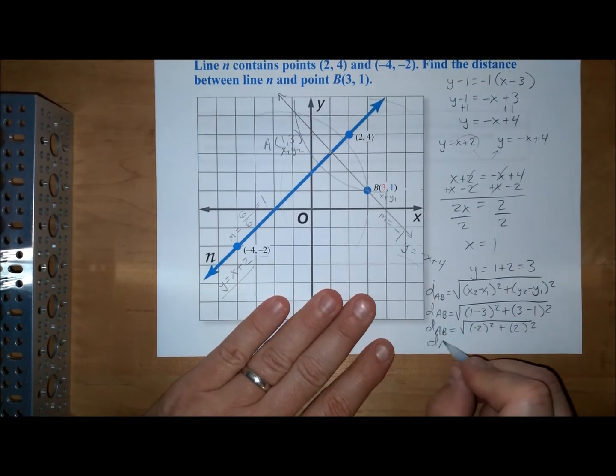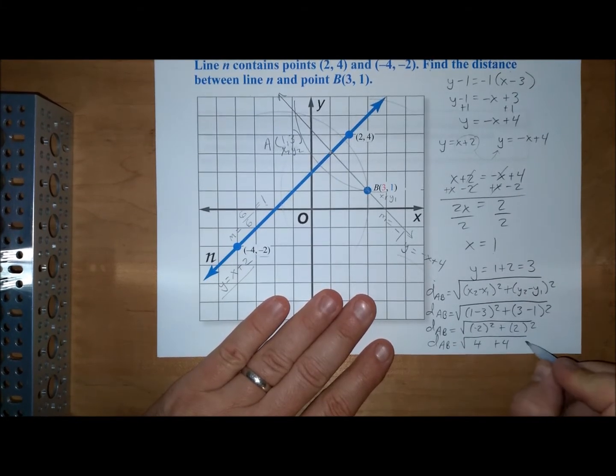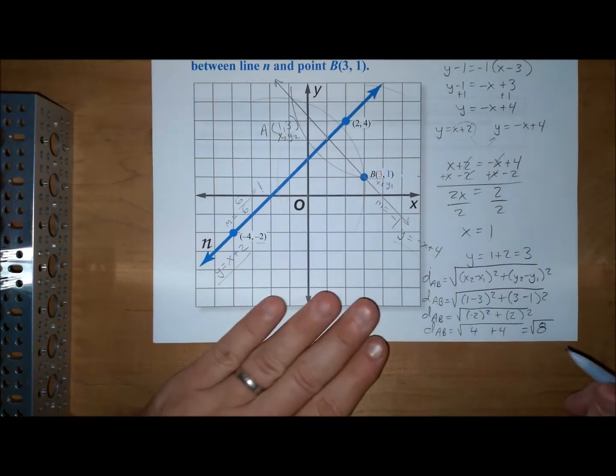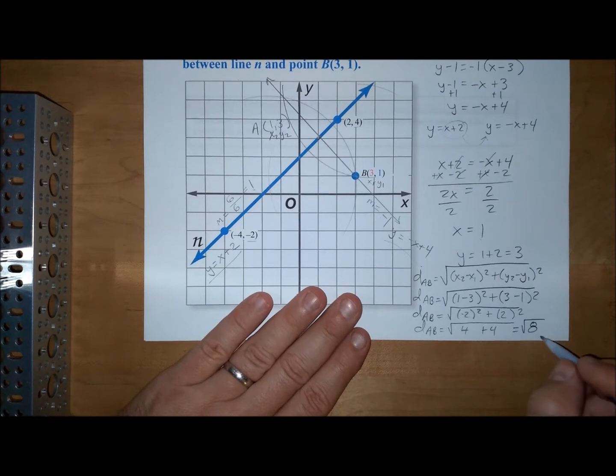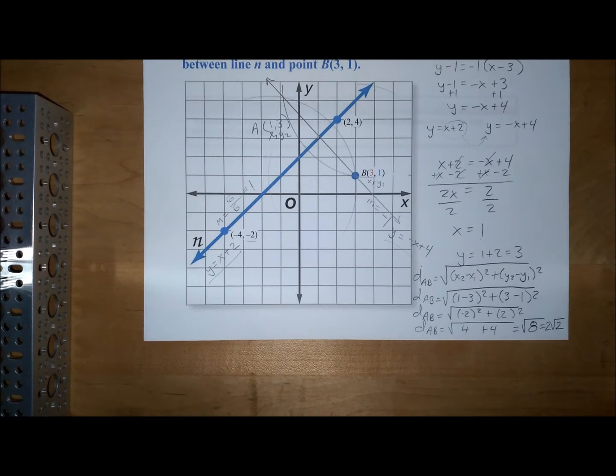So we're going to get our distance from A to B equals the square root of 4 plus 4, which is the square root of 8. Okay, and if you want to simplify that, you could call that the square root of 2 times the square root of 4, which would simplify to 2 square roots of 2. Okay, if you wanted to turn that into a decimal, you could. You can punch that in your calculator.